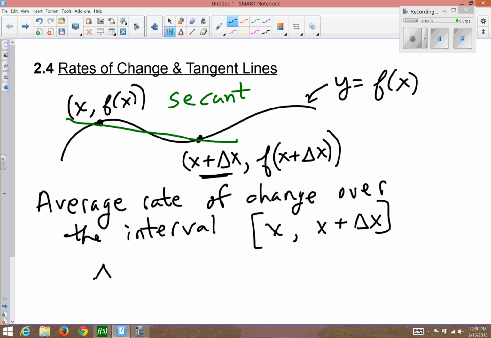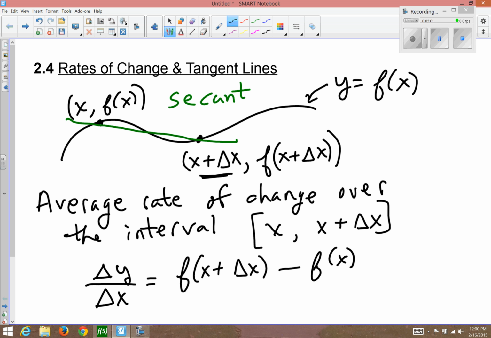It's the change in y over the change in x. Change in y means we're going to subtract the y's. Whatever y is over here, that's after the comma, minus the y over here, which is after the comma, over the change in x. So the subtraction here at the top is the change in y.